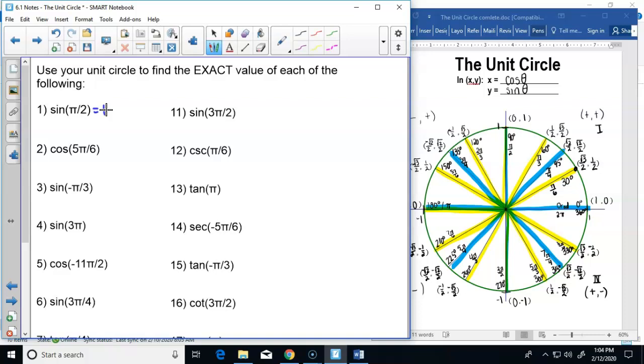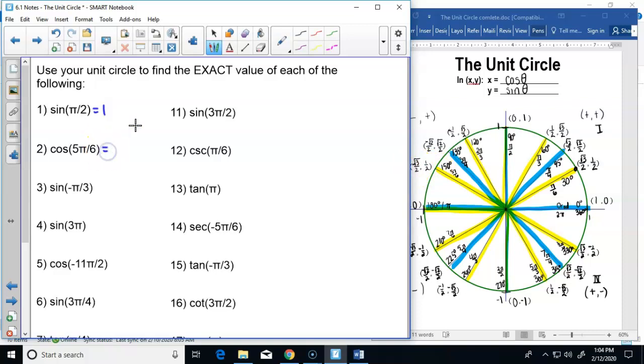Okay? So if you look at number 2, it's asking for cosine of 5 pi over 6. So 5 pi over 6 is right here on your unit circle. And we want to know cosine. Cosine is my x-coordinate. So I'm going to go over here to the point that goes with 5 pi over 6, which is right here. And I'm going to give just the x-coordinate.